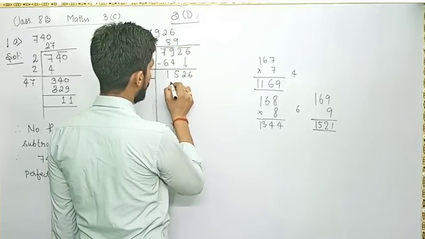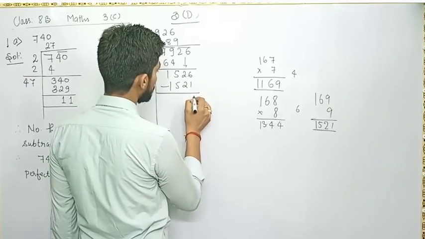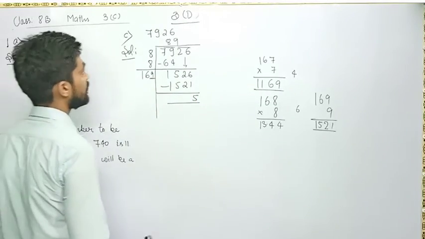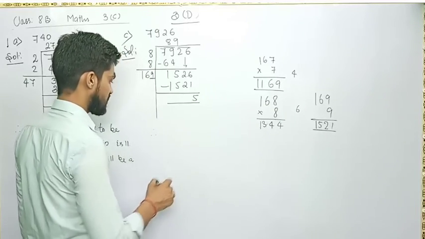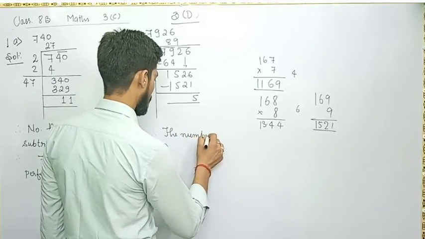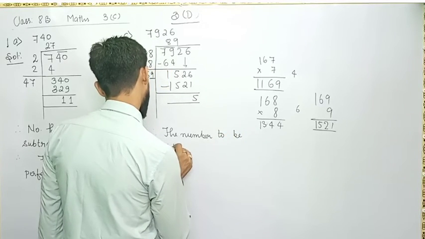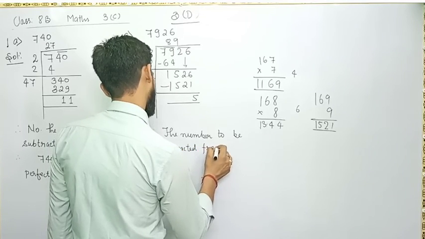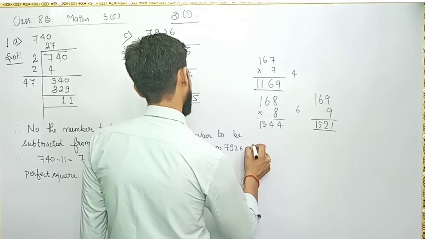So 1521, here also write 9. How much remainder is remaining? 6 minus 1, 5. Only 5 we have. So what number should be subtracted from this? So the number to be subtracted is 5.